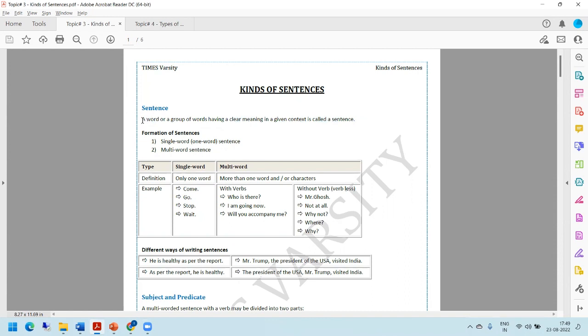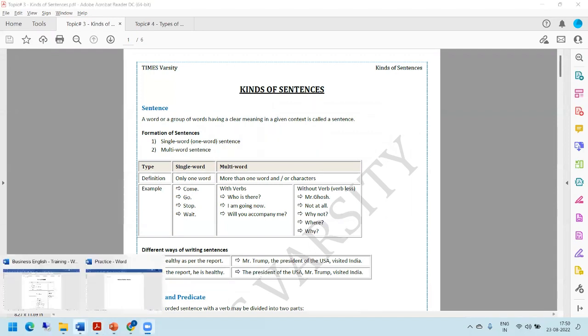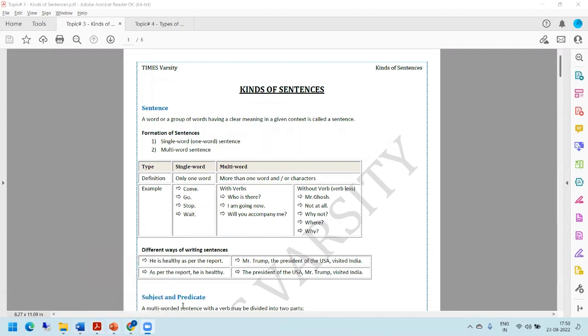Yesterday we discussed articles and how we should pronounce them. Here it is used as an alphabet or as an article.